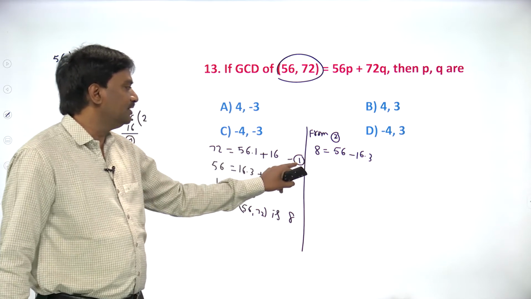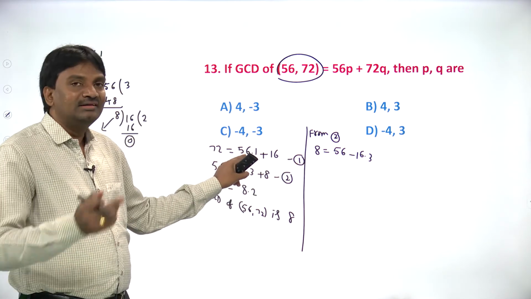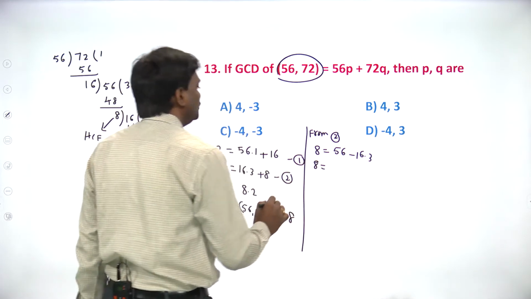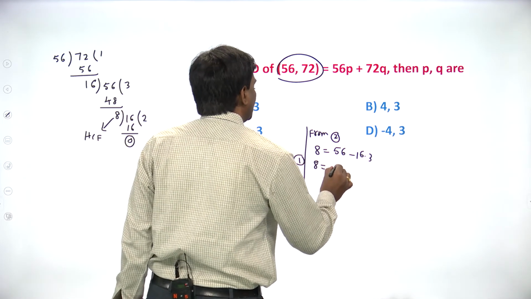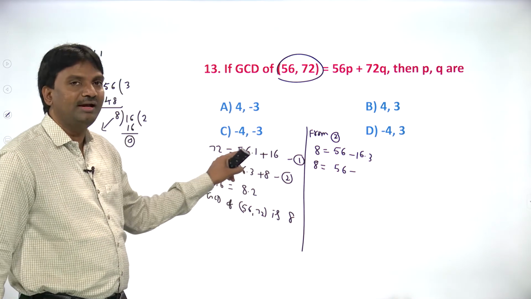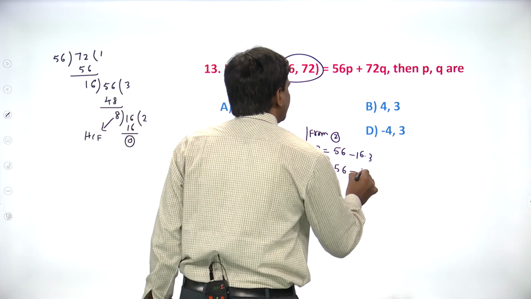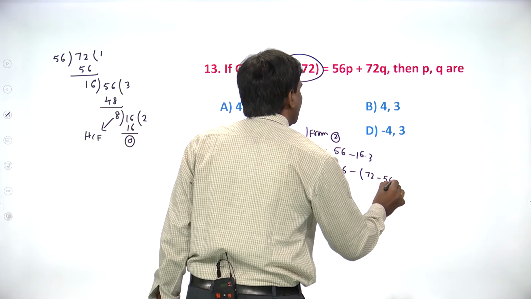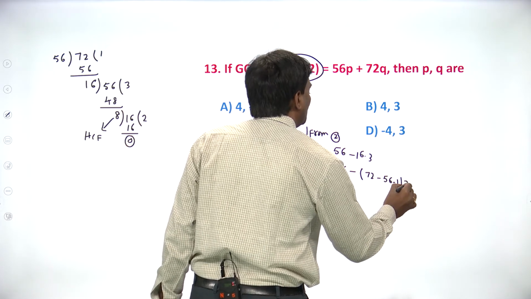Equation 2 is 56 equal to 16 into 3 plus 8. Again, in place of 16 from equation 1, we can write 72 minus 56 into 1. So, 8 equal to 56 minus 72 minus 56 into 1, into 3.